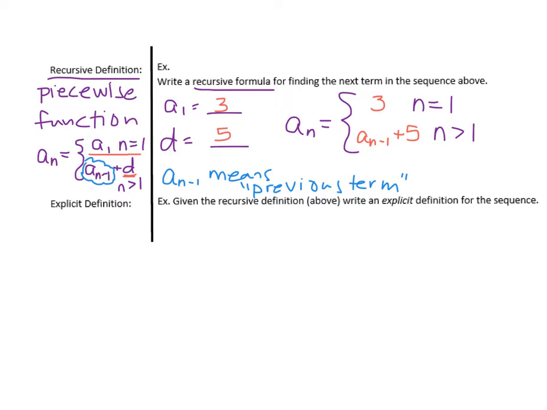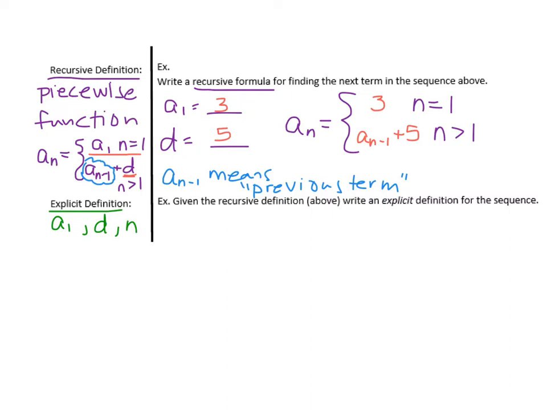That's a lot to take in, so make sure you can read through that and process what I just said. Our next way to describe a function, hopefully one that makes as much sense, if not more, is an explicit definition. The explicit definition also needs a sub 1, and we need d, and we use the letter n.